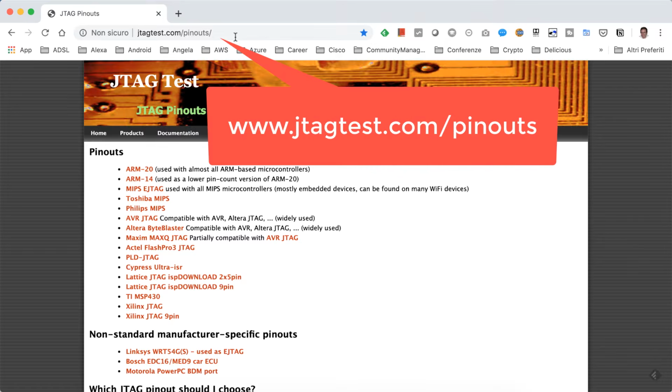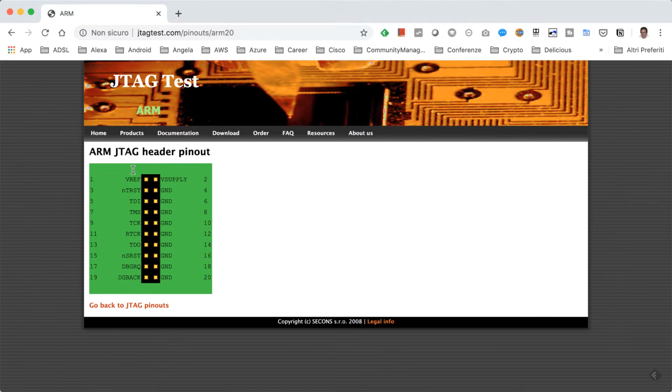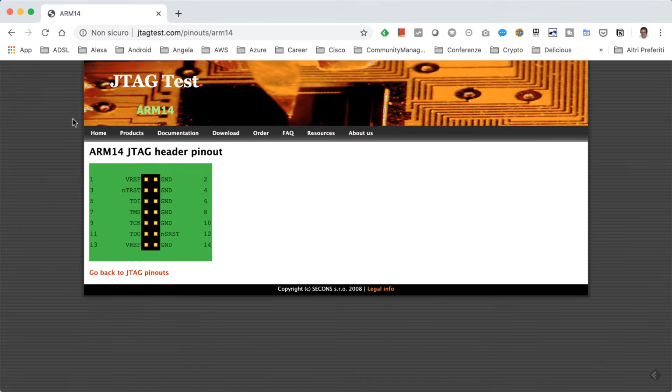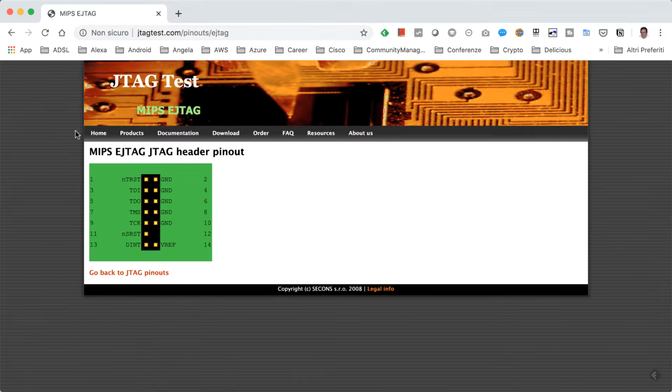This website seems not to have been updated recently, but probably it still has the largest number of popular JTAG connectors and pinouts. The most common pinouts are logically arranged based on the system on a chip that you have on your board. Often, for the same system on a chip, you can have many possible pinouts.